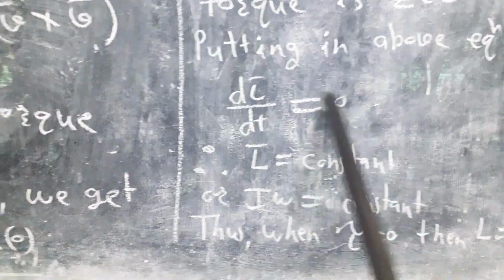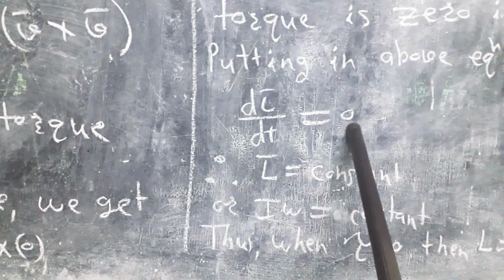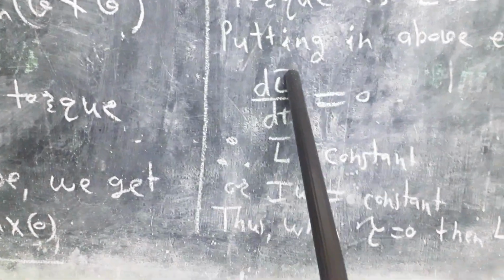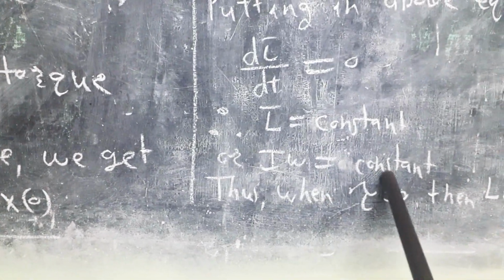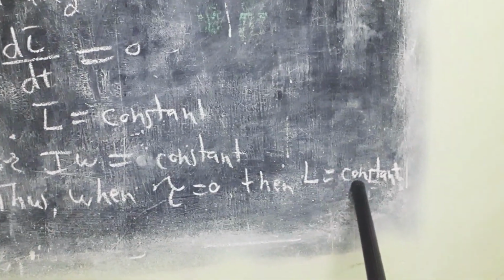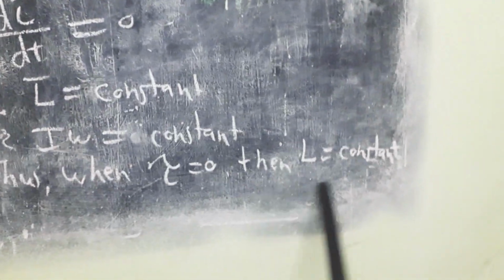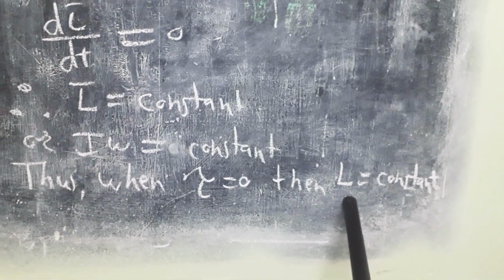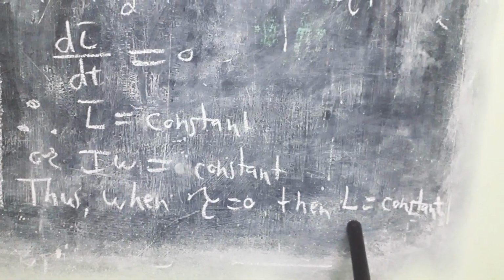And we know that the derivative of a constant is always 0. So we can conclude that L bar is equal to constant, or I omega is equal to constant. So when tau is equal to 0, then L is constant. That means when torque acting on the body is 0, then angular momentum capital L is conserved or constant. In this way we can prove the law of conservation of angular momentum.